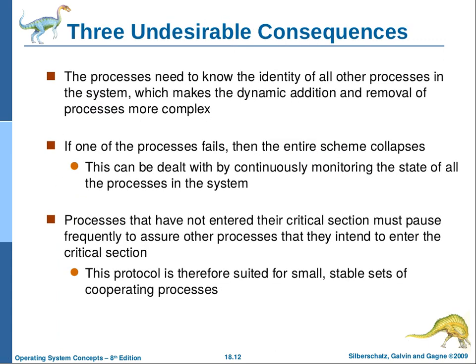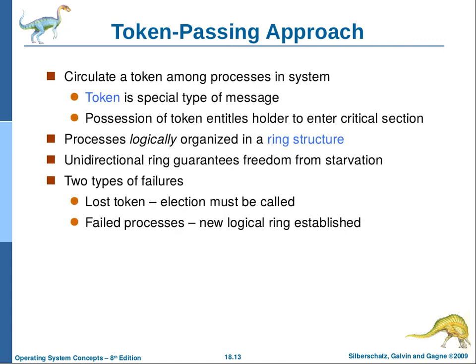All right. Anyone? So another approach, I was going to ask if y'all can guess another one, is a token approach. You have a token. Here we go. This is where it starts to get interesting. You have a token, and whoever possesses the token entitles the holder to a critical section.